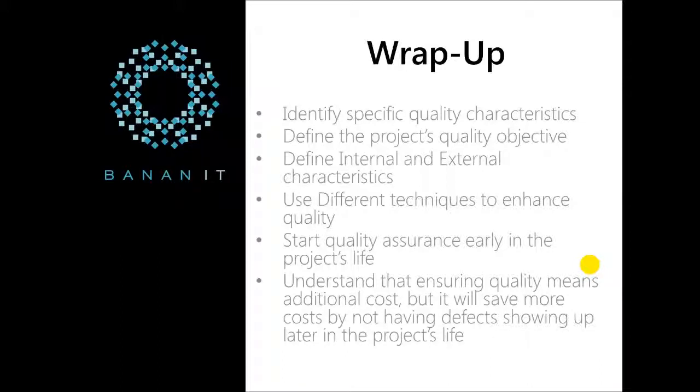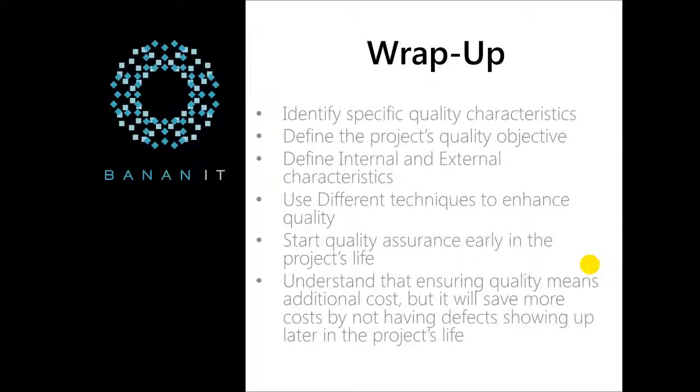The most important result of this whole chapter is ensuring quality. If you think of quality first, instead of thinking of quality as something that you have to strive to achieve after you have done coding, which is the wrong way of looking at things, you have to look at it as if quality is the purpose of your code, the purpose of your system. The first thing that you have to satisfy is to make quality software. If you try to ensure quality at each stage, it will of course mean additional cost.